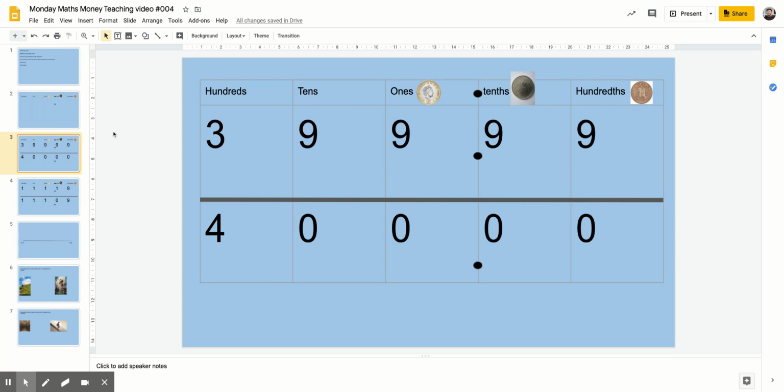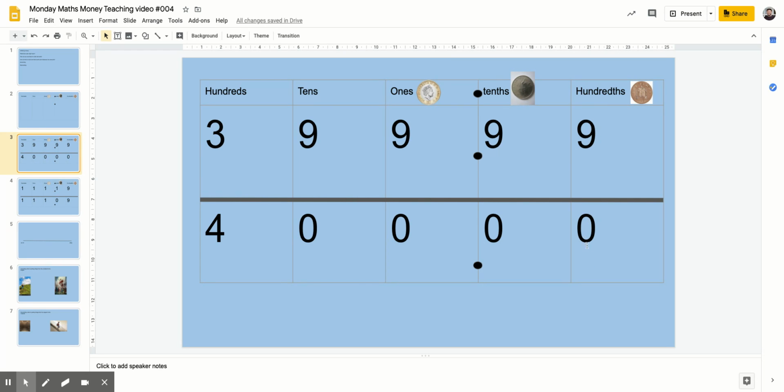Right, so let's have a look at slide 3 where I've got two amounts of money. I've got an amount at the top and then I've got an amount at the bottom. Now, you might automatically think the top one has got the most amount of money because there are lots of 9 digits. Let's have a look at it closer. Let's start with the hundredths. The top amount has got 9 hundredths, that's 9p.